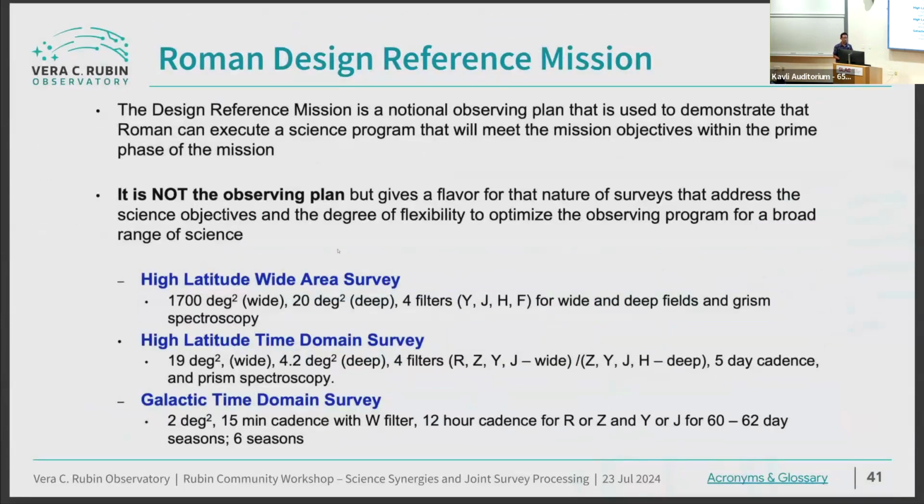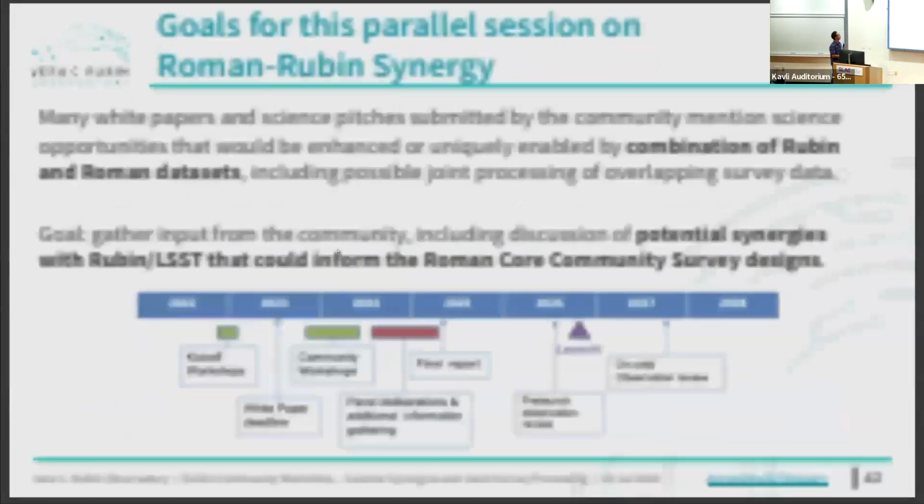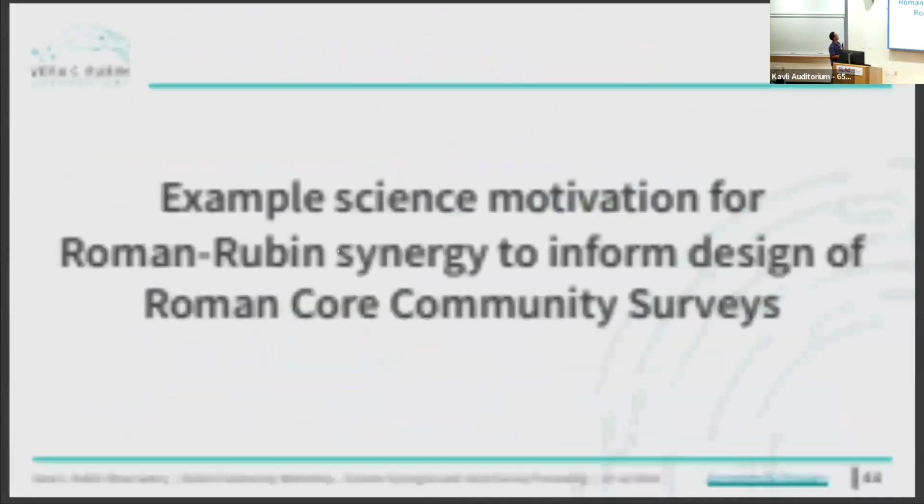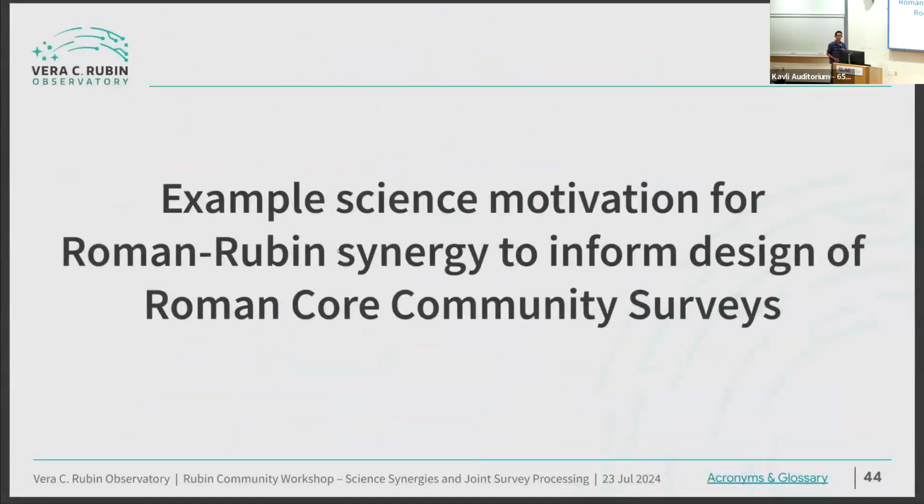And the time allocation committee will actually decide which of the surveys get what observing time, coming up with a detailed plan that can accomplish everything in the 5-year survey. So here are some links, and let's move on to some of the interesting science cases that we can work on. So who's going first, Leanne?